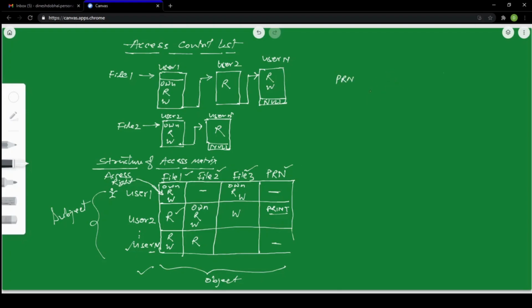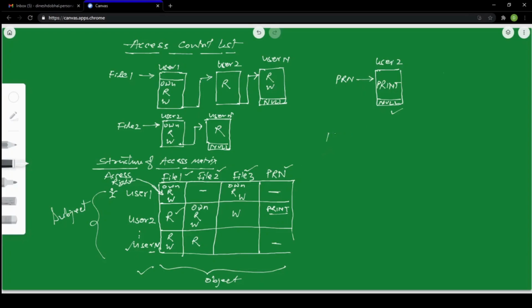Because there is only one user who is having access control over the printer, it would have only one block, and that is for user 2. This would point to the first block, and its next field would be null, and the operation is written here, that is print.